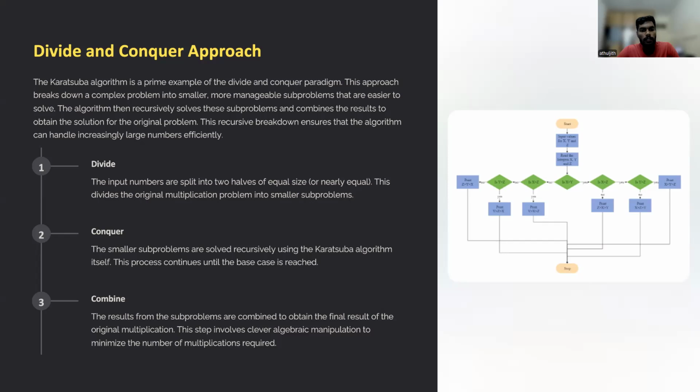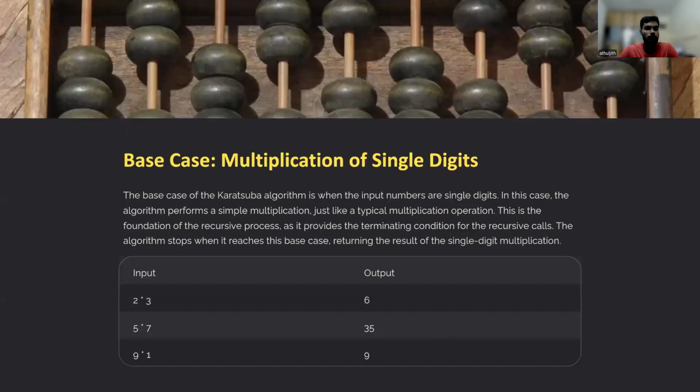Divide: the input numbers are split into two halves of equal or nearly equal size. This divides the original multiplication problem into smaller subproblems. Conquer: the smaller subproblems are solved recursively using the Karatsuba algorithm itself. This process continues until the base case is reached. Combine: the results from the subproblems are combined to obtain the final result of the original multiplication. The steps involve pure algebraic manipulation to minimize the number of multiplications required.